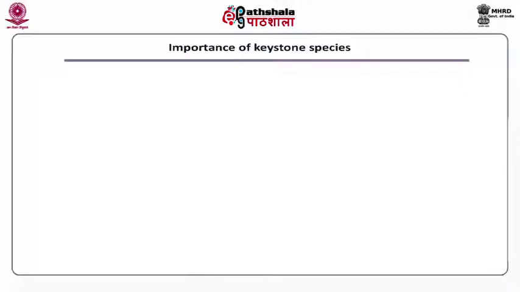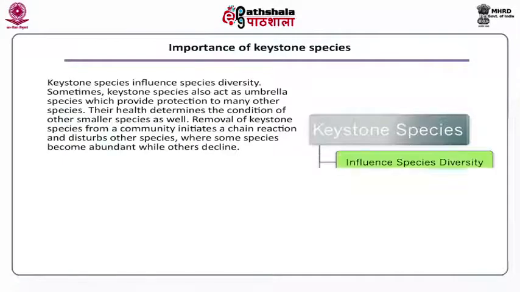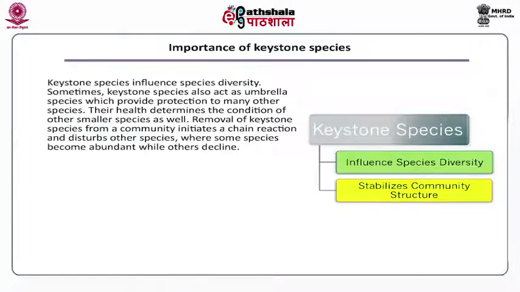Now, the question arises, what is the importance of keystone species? Keystone species influence species diversity. Sometimes keystone species also act as umbrella species which provide protection to many other species. Their health determines the condition of other smaller species.